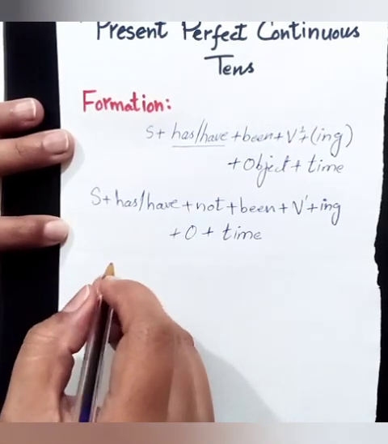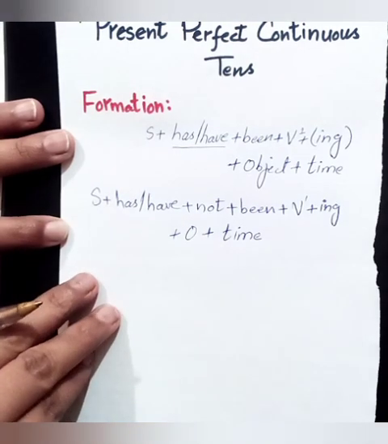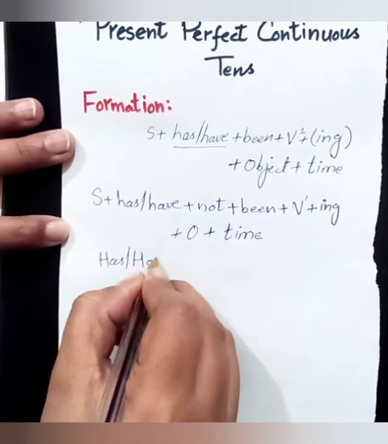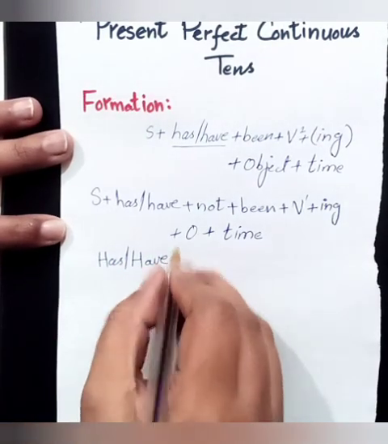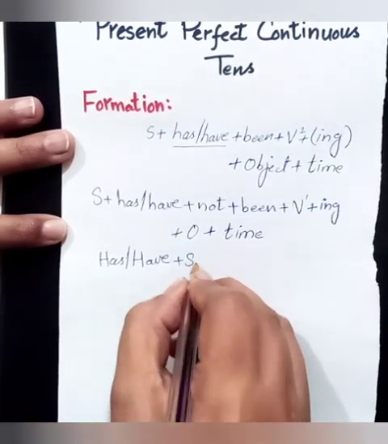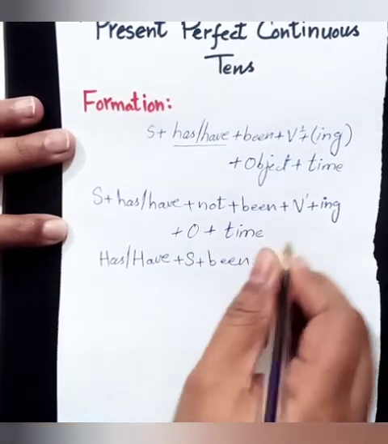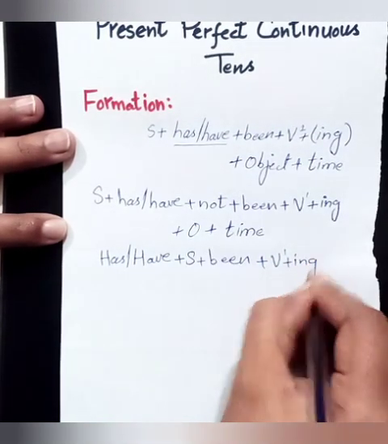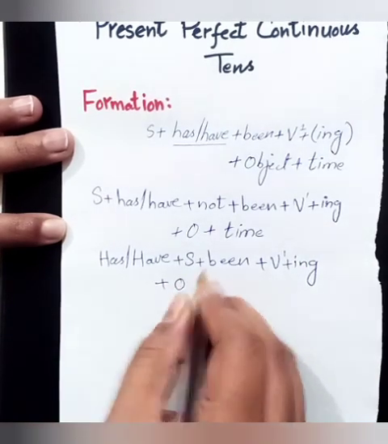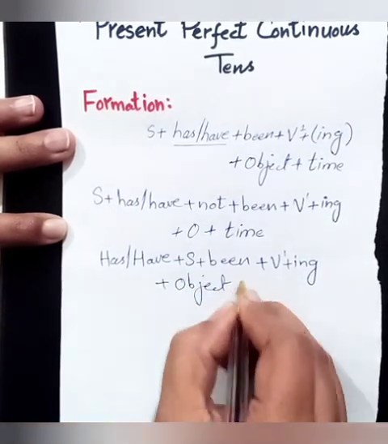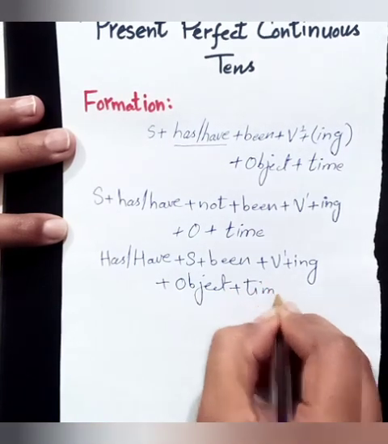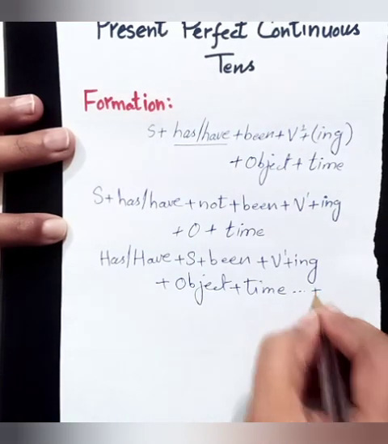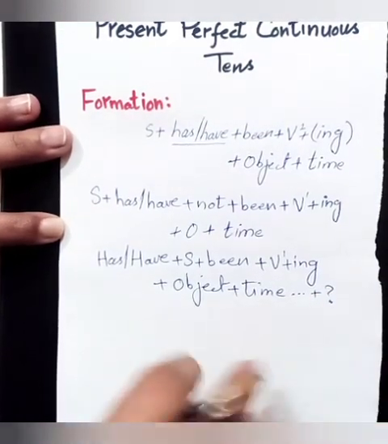The helping verb will take first, has or have will come at first, plus subject plus being plus V1, that is the first form of verb, plus ing plus object plus time or other part of the sentence, and plus question mark, right?